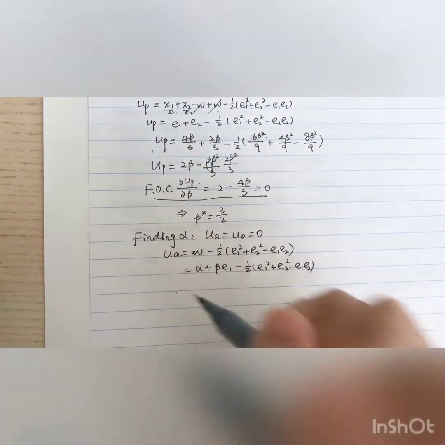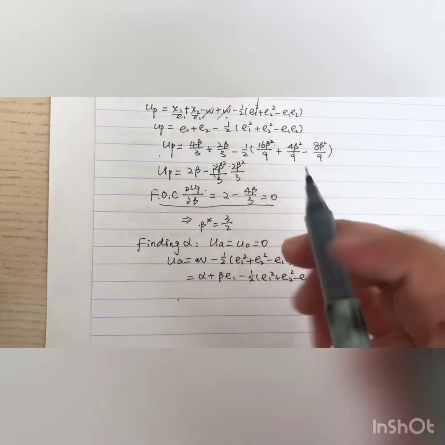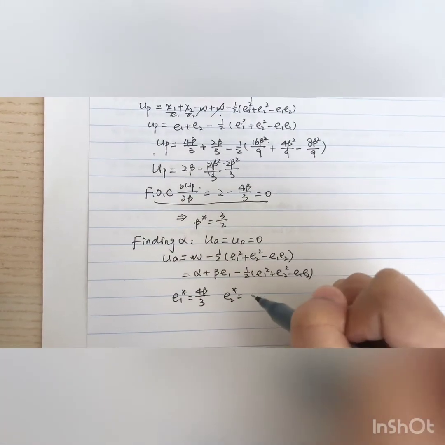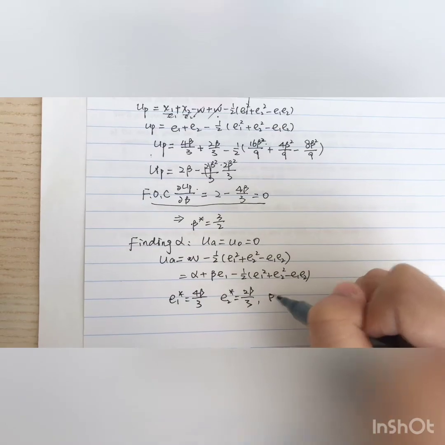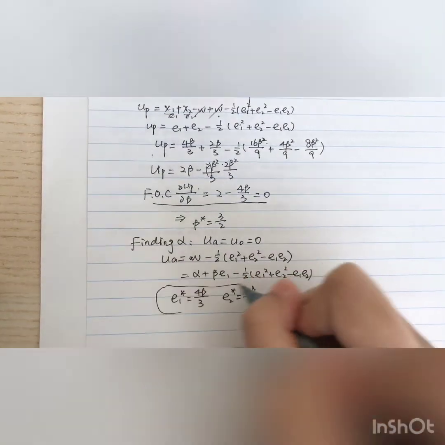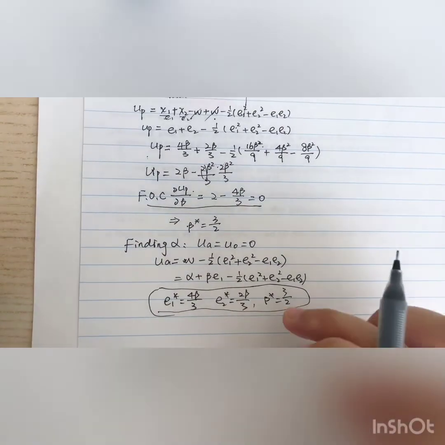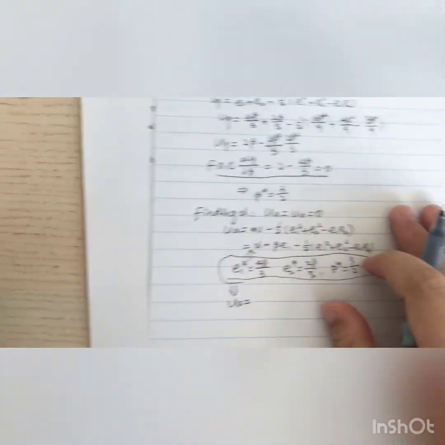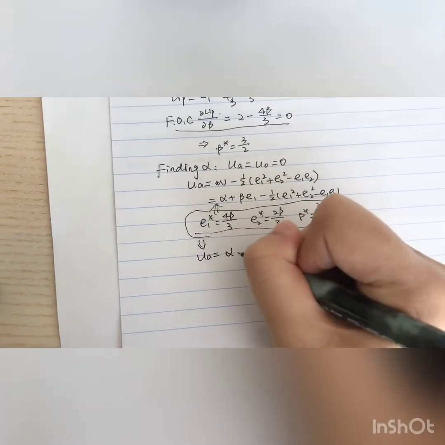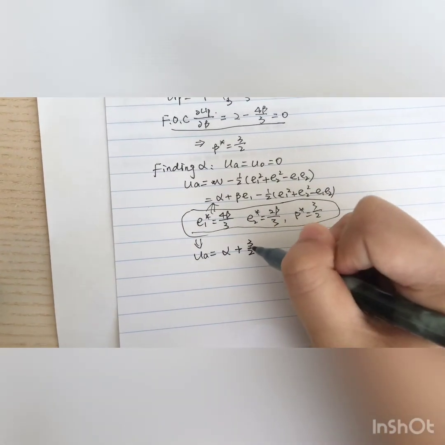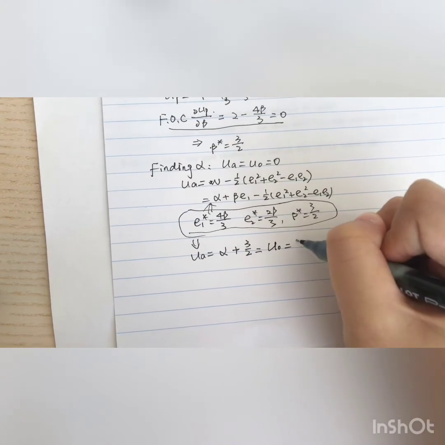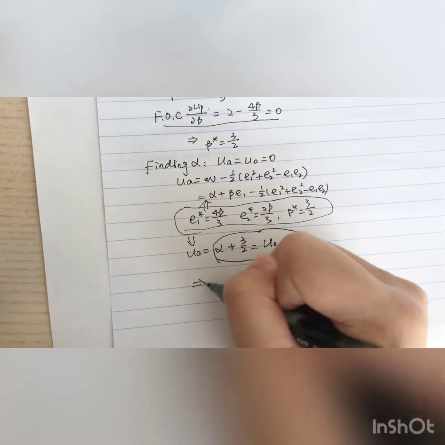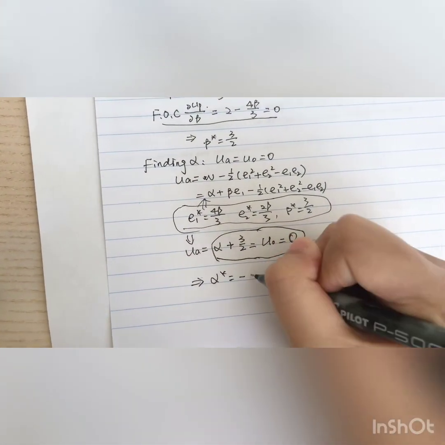And from question A and question B, we get E1 star equals 4 beta over 3 and E2 star equals 2 beta over 3 and beta star equals 1.5. We just substitute these results into this function, and finally we get UA equals alpha plus 1.5 equals U0 equals 0. So from this equation, we get alpha star equals minus 1.5.